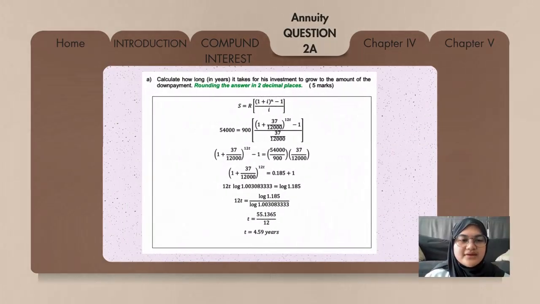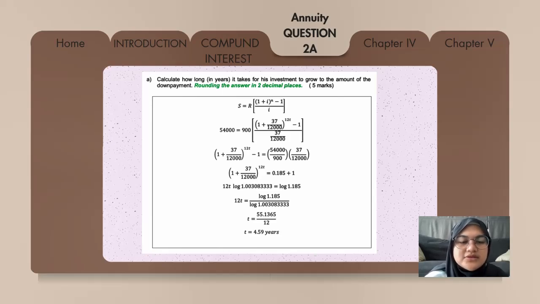Question 2a. Calculate how long in years it takes for his investment to grow to the amount of the down payment. We are going to use the formula S equals R, open bracket, 1 plus I to the power of n, minus 1, close bracket, over I. They want us to calculate t, the time in years.